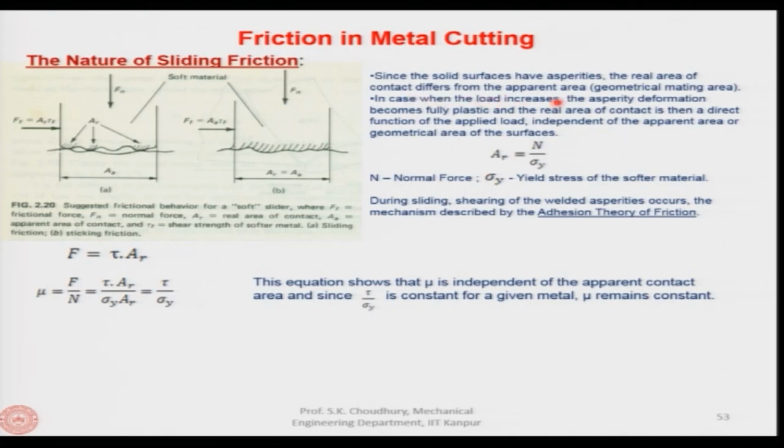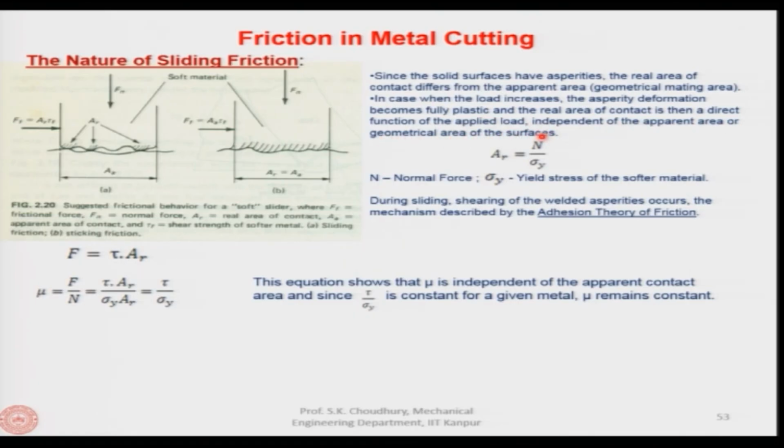When the load increases, the asperity deformation becomes fully plastic and the real area of contact is then a direct function of the applied load, independent of the apparent area or the geometrical area of the surfaces.